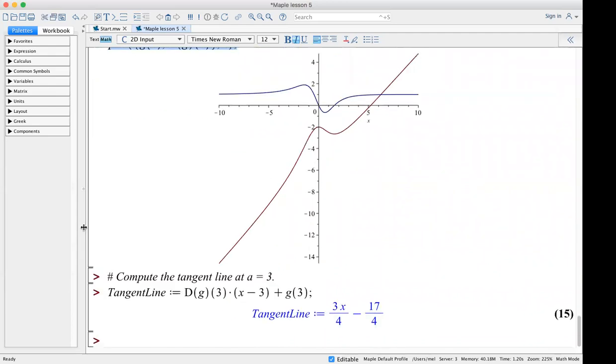So now, if we plot not g and its derivative, but g and this line I've called tangent line.